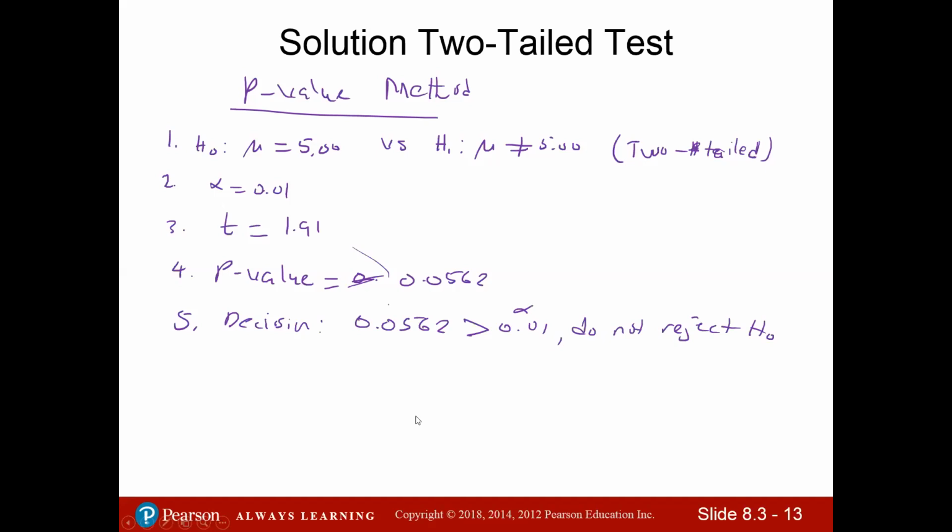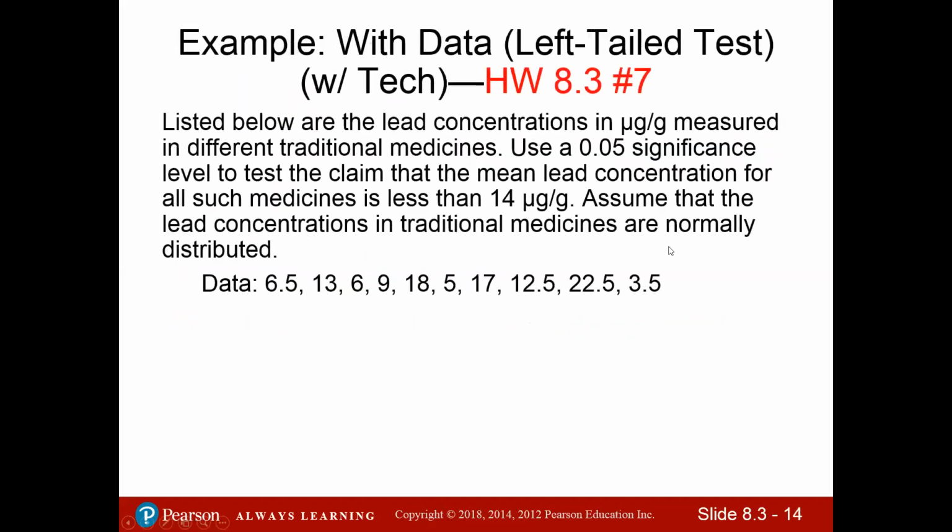Okay, the last example is with data. It's a left tail, so let's see why. Again, I'll do only the p-value. Here's the lead concentration in micrograms per gram measured in different traditional medicines.